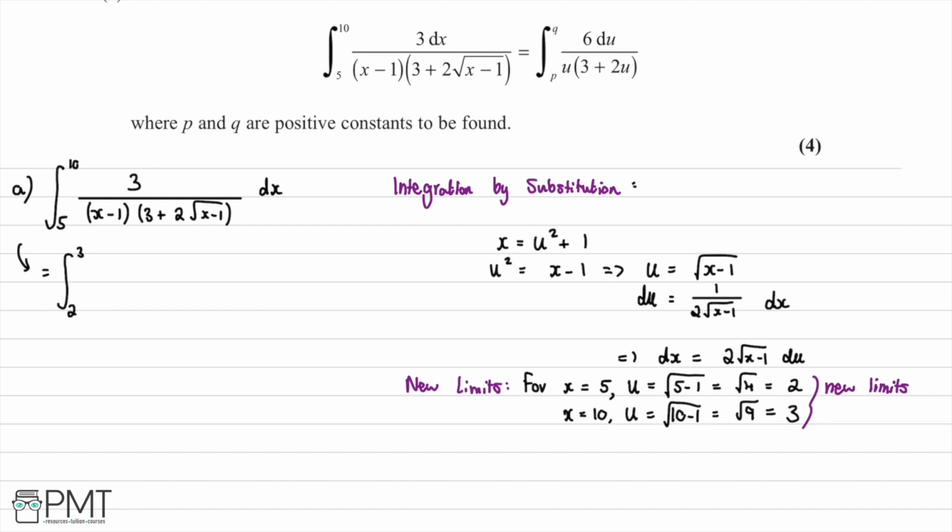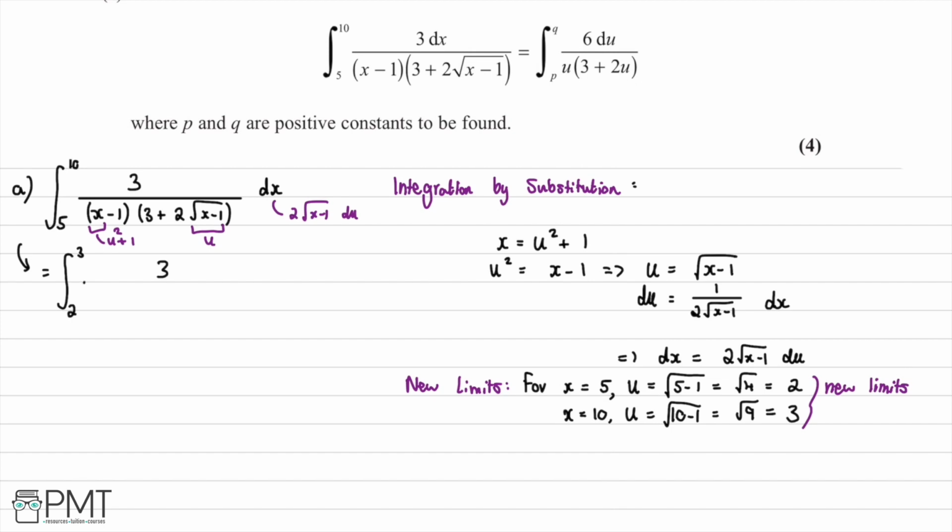And we see that we have a square root of x minus 1 here, so we can substitute this with u, and we also know that x is equal to u squared plus 1, so we can substitute in u squared plus 1 here. We also know that dx is going to be equal to 2 lots of the square root of x minus 1 multiplied by du. So just writing this in purple here helps us visualize what we're about to substitute in.